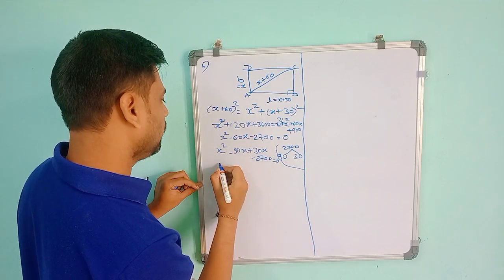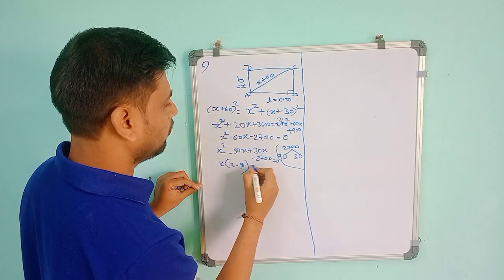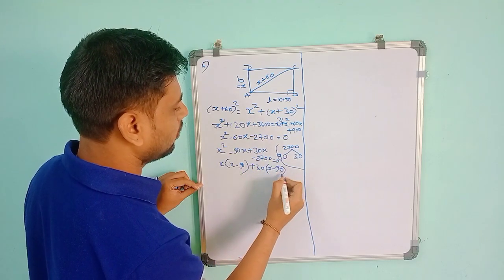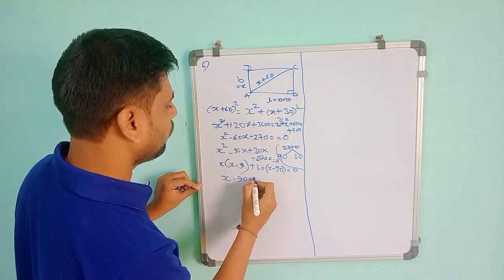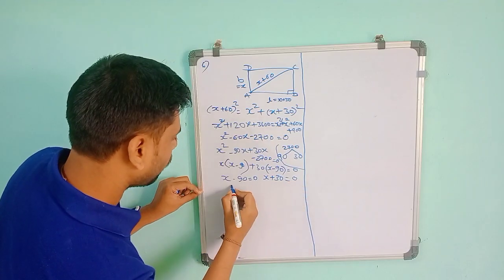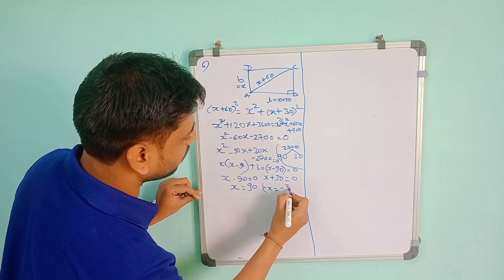This will become x minus 90 into x plus 30 is equal to 0. Therefore x minus 90 is equal to 0 and x plus 30 is equal to 0. So x is equal to 90 and x is equal to minus 30.